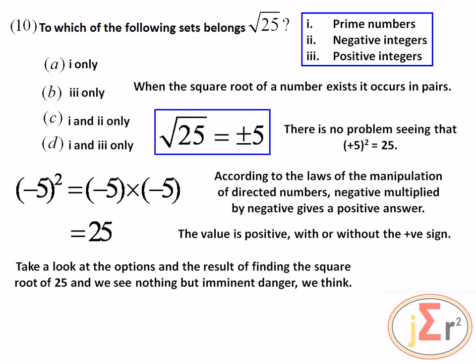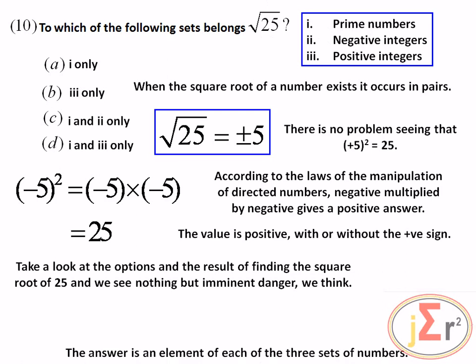So let us see which one is correct. So we do not have the option of prime numbers, negative integers, positive integers. We do not have an option that includes all three of them.